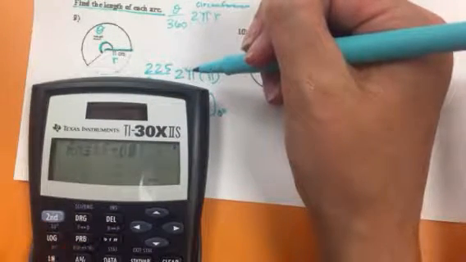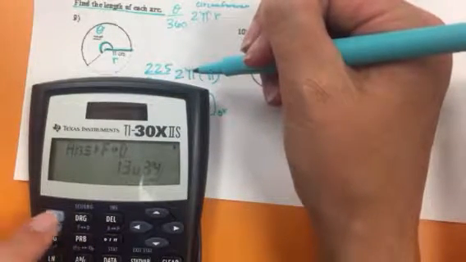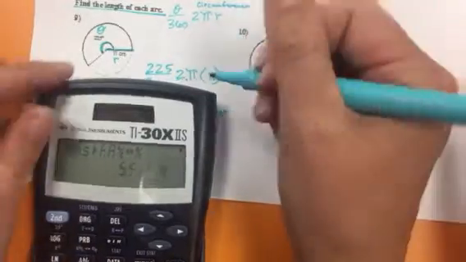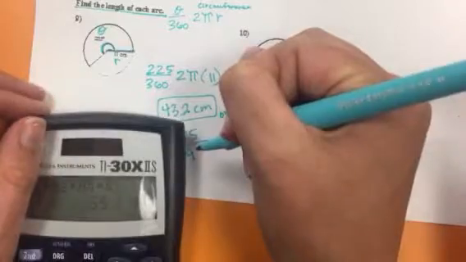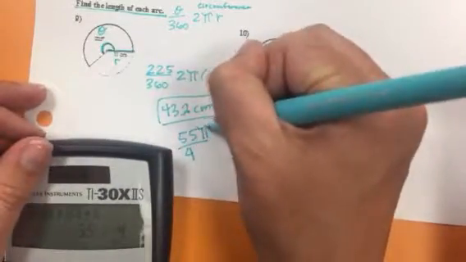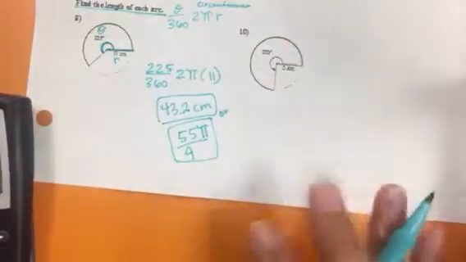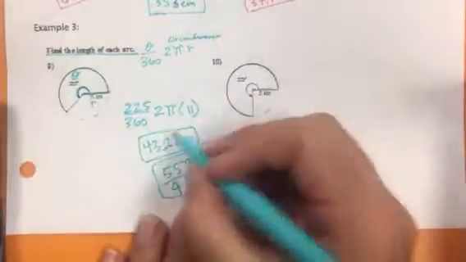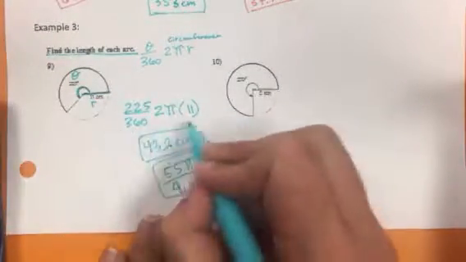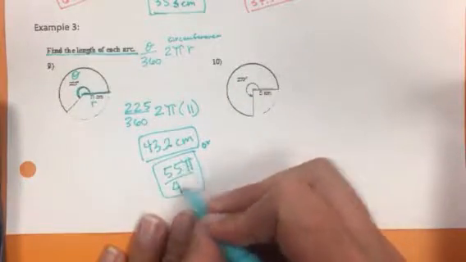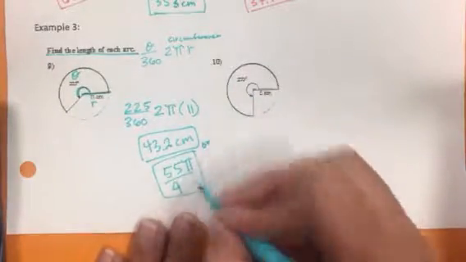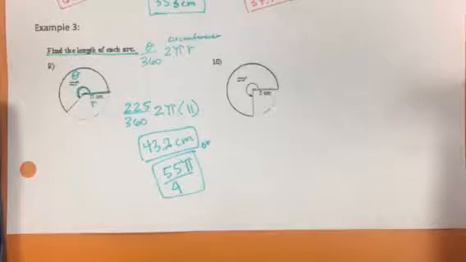Change it to a fraction with the second ABC button. 55 over 4 is our fraction, and pi goes on top. Knowing how to type it in to get just a decimal, and to get it with the pi, you need to be able to do both of those.